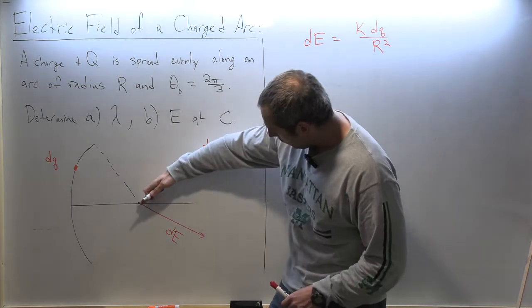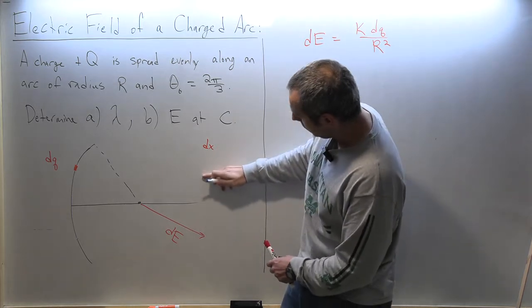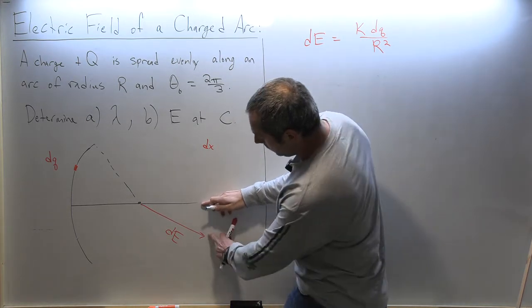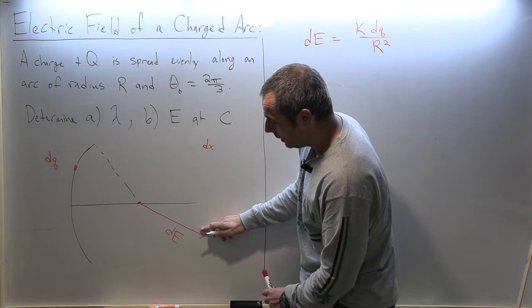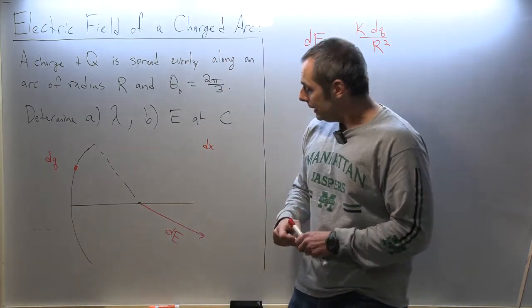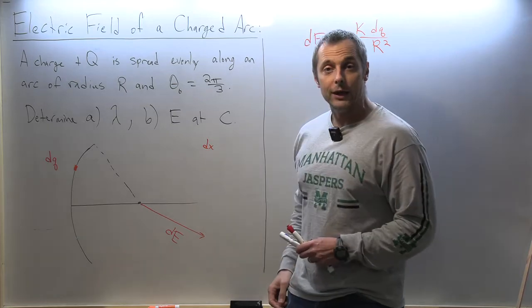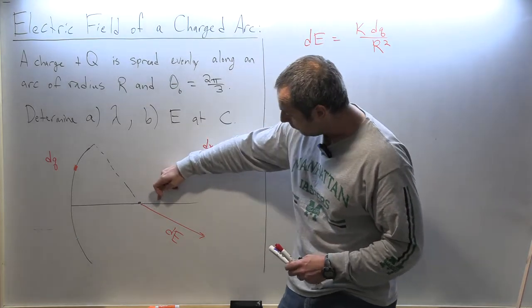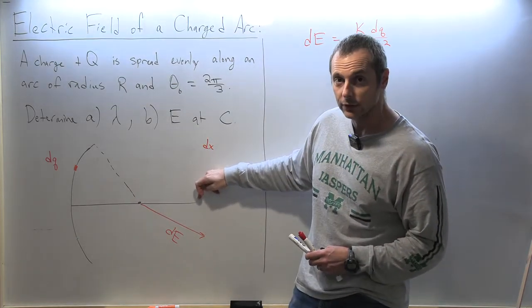If it points like this, it has the same vertical component up as this has a vertical component down. So as we're adding up all these pieces, ultimately the vertical components will cancel. The only parts that survive are in the x direction.